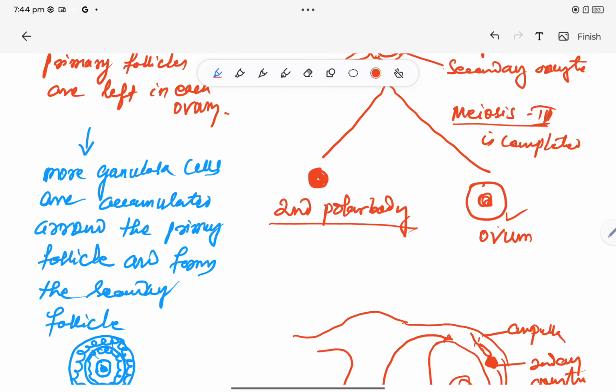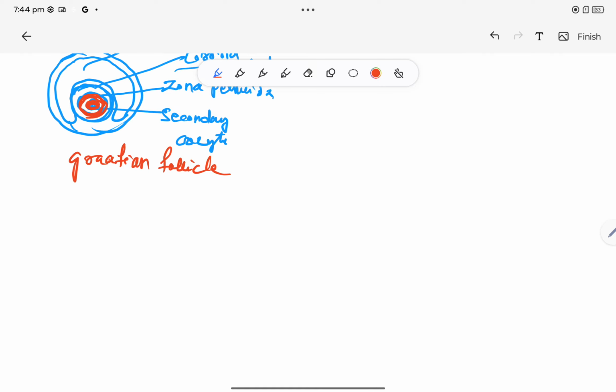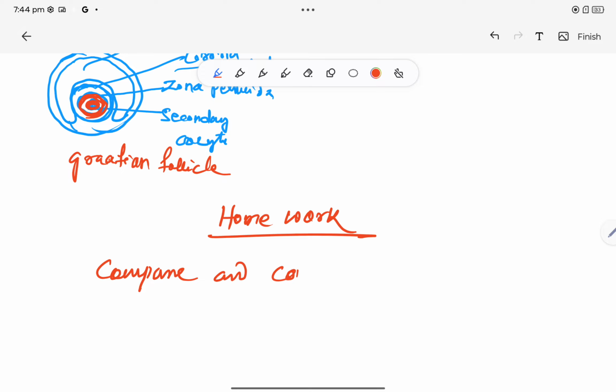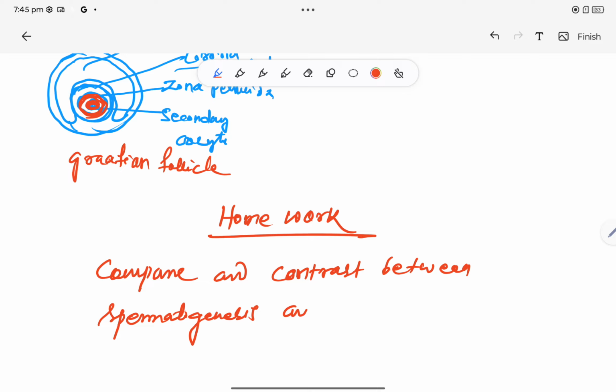So please go through spermatogenesis and oogenesis, and for you the homework is to compare and contrast spermatogenesis and oogenesis.